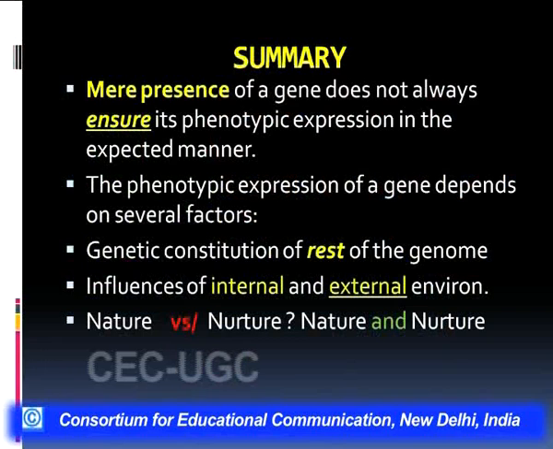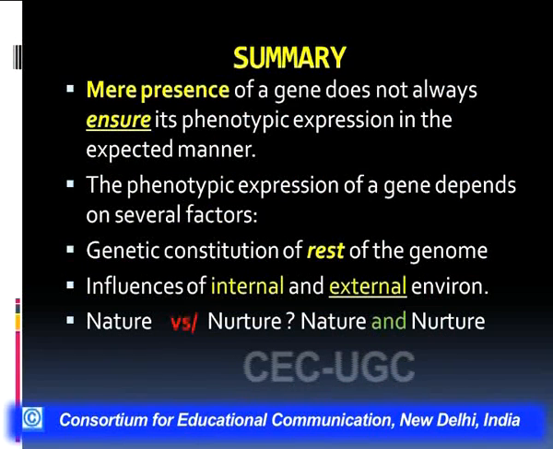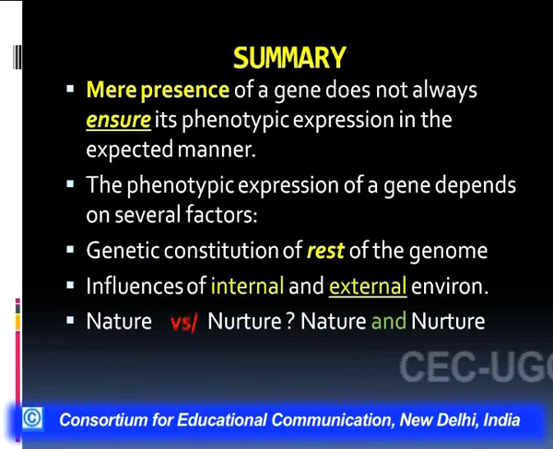Thank you so much. In our last lecture, we summarized the aspects of penetrance and expressivity. These are essentially non-Mendelian, in the sense that the mere presence of a gene would not always ensure that the phenotypic expression is the one that we expect.